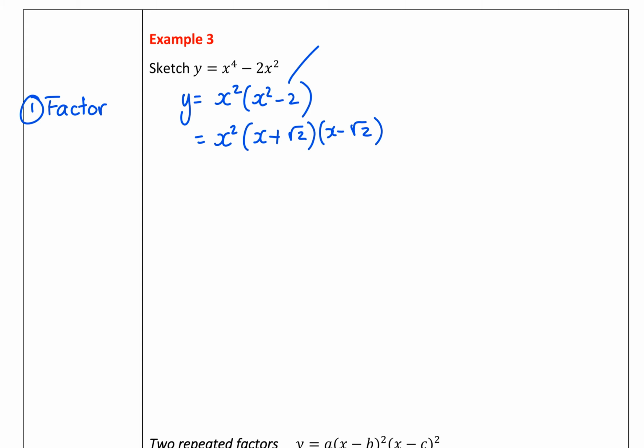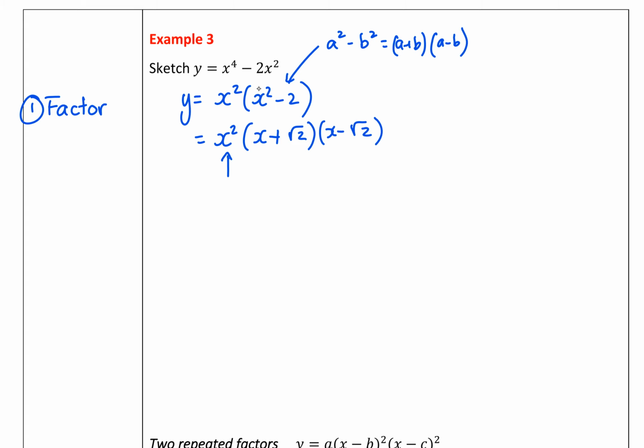Now this is from the difference of two squares, that a squared minus b squared. Because when we factorize something squared minus something else squared, we end up with a plus b, so the square root of each thing, a minus b. And that's what I've got here. So right away, what can we tell?